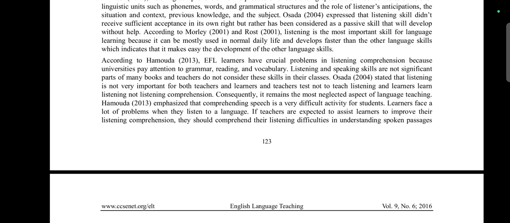If you are quoting the exact words told by the author himself, this particular sentence should be written in double quotes. And at the end of the double quotes you should mention the page number of that particular work, so that anybody who is going to do further research can go to that page number and see whether it is really the same sentence and whether they can find or develop any other thesis statements based on that.